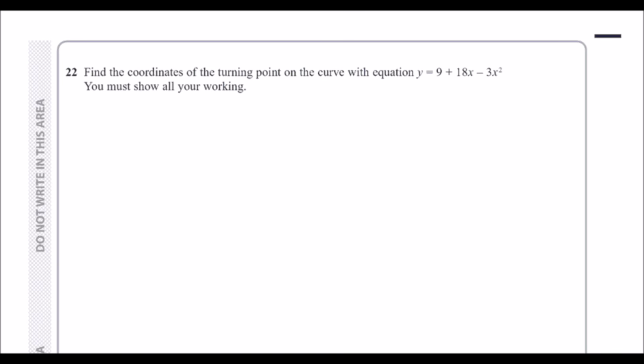Question 22. Find the coordinates of the turning point on the curve with equation y equals 9 plus 18x minus 3x squared. So to find the turning point, we're completing the square. I'm going to write this with the x squared term first. So minus 3x squared, then the x term, and then the number.